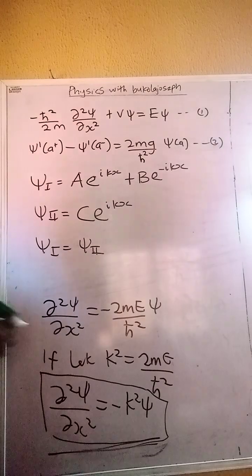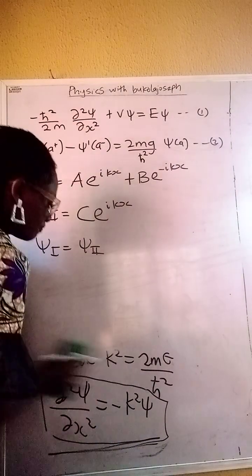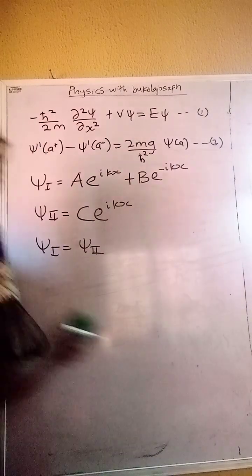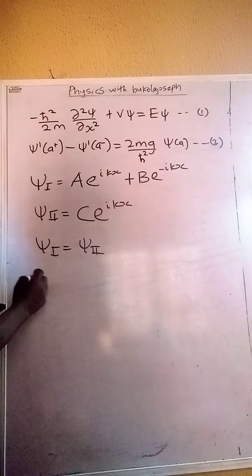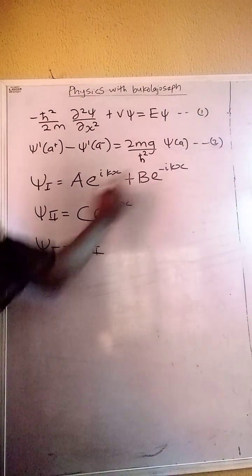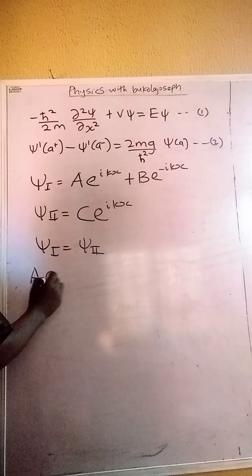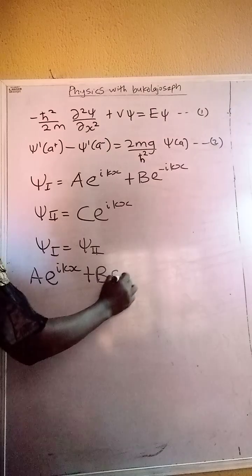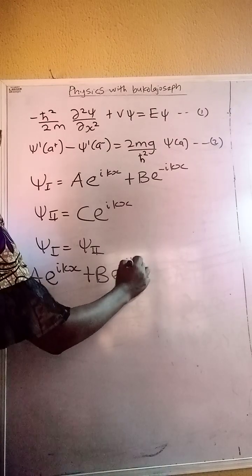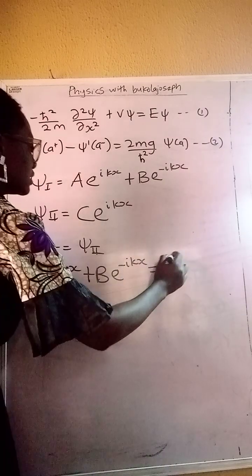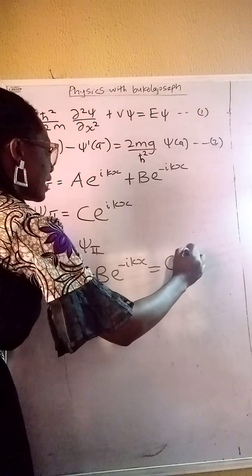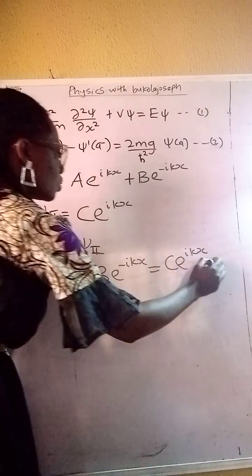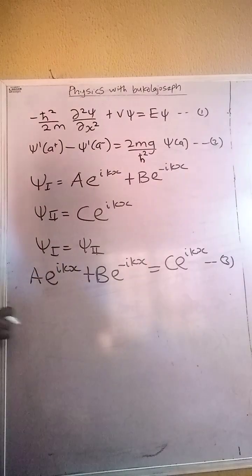So it means A exponential ikx plus B exponential minus ikx is equal to C exponential ikx. Let's call this equation 3 because we'll be needing it.